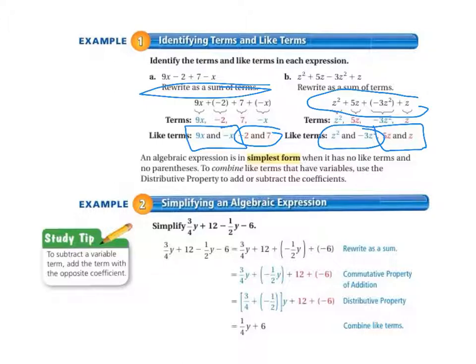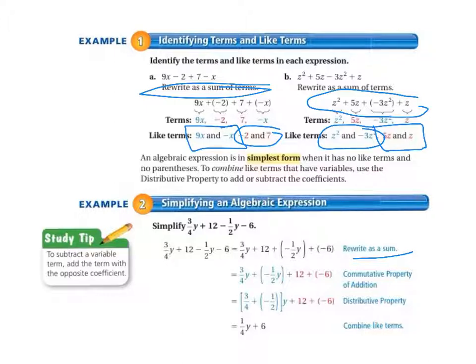And then we're going to start simplifying our algebraic expressions. We simplify 3/4 y plus 12 minus 1/2 y minus 6. So we rewrite it as a sum, just like we did upstairs. And so it comes out 3/4 y plus 12 plus negative 1/2 y plus negative 6.